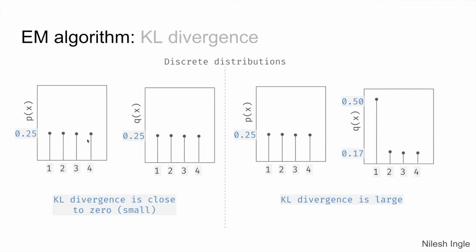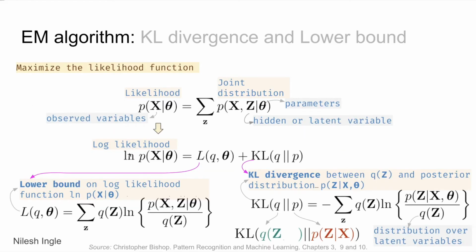Now if you look at both of these, the KL divergence between these two would be close to 0, and so that is to say the KL divergence is small, and therefore those two distributions are similar. So when we go back here, we could say that the solution has converged.